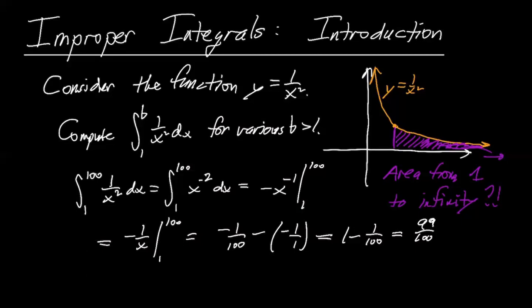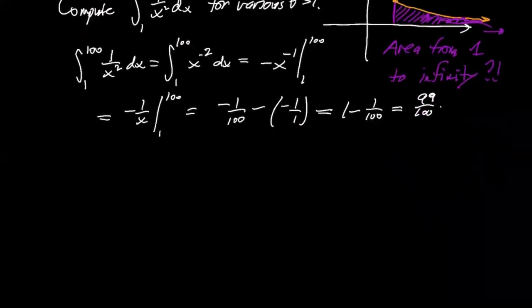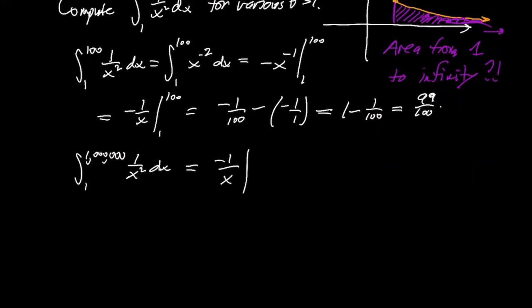So if we integrate all the way to 100, we have area less than 1, but that's going to clearly grow, right? So what if we do the integral from 1 to a million of 1 over x squared dx? Well, just using some of the steps above, we know that the antiderivative is going to be negative 1 over x from 1 to a million.